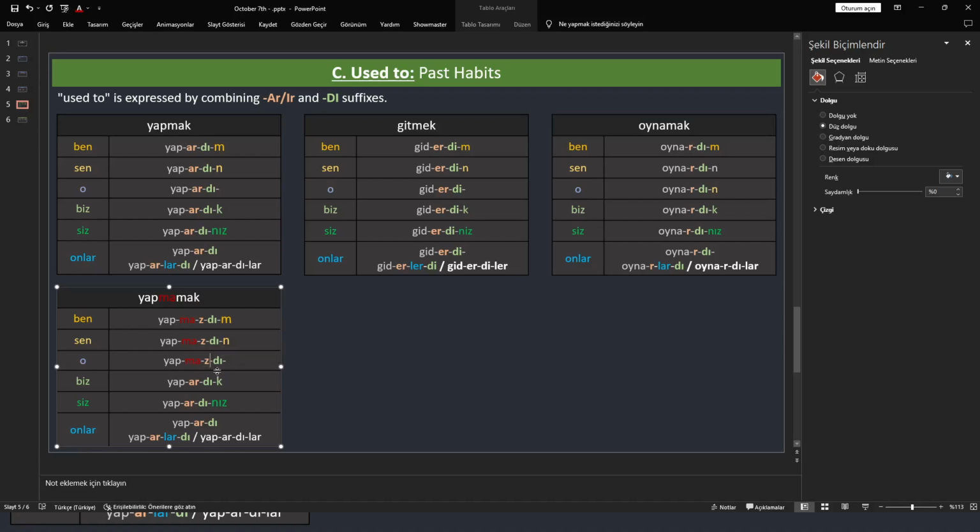Yapma, then that's the z, and then again yapma. I will just do this for yapmak, since it's pretty much the same for the other verbs. You can try the conjugations yourself in your free time. And then yapmaz here, and of course the plural ones, yapmaz, oops, one extra z.